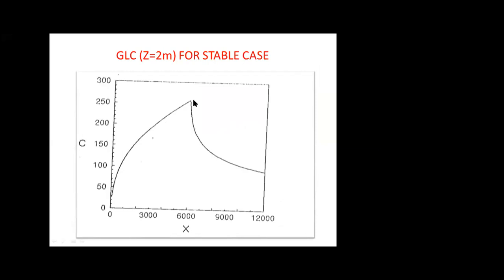Since it is the stable case, it reaches 250 micrograms, and beyond the urban area it decreases, up to 12 kilometers. So the pollutant is still having an effect, and this will be a real problem for the rural areas situated in the downwind direction.